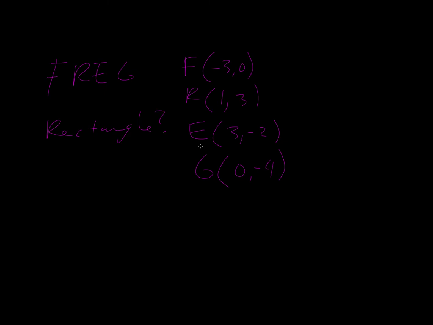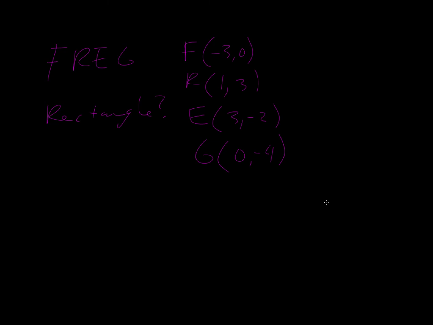So basically we just need to prove that all of the, we can prove it a couple different ways, but I would just do the angles. So if it has 4 right angles, then it's a rectangle.